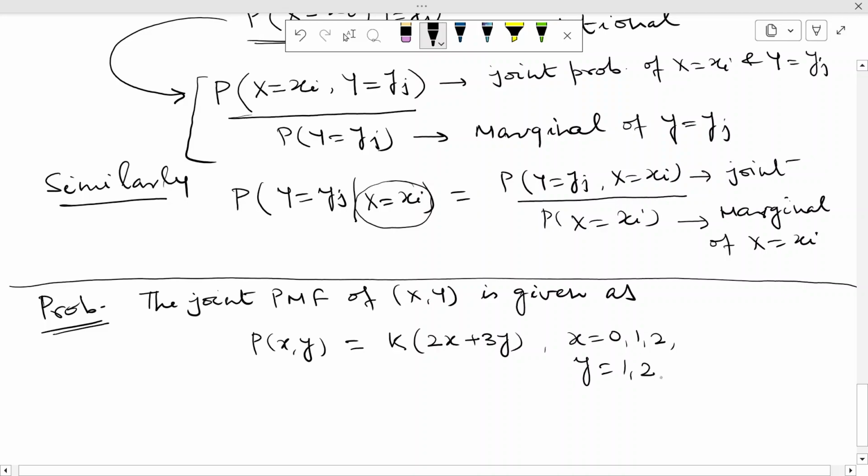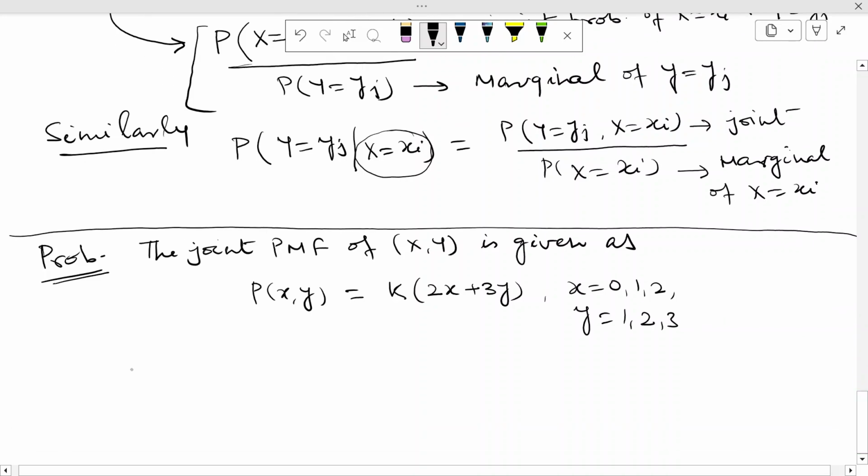So the values of x are 0, 1, 2, and the values of y are 1, 2, and 3. So we have to find the conditional probabilities, or you can say the conditional distribution of x.